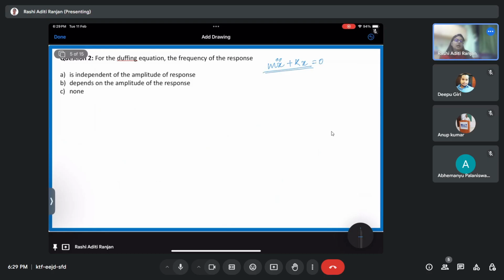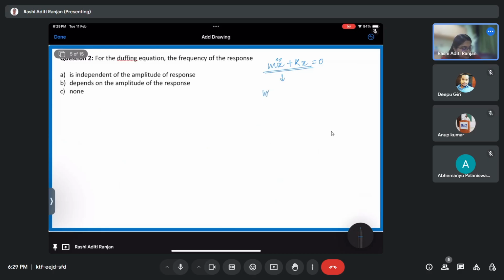If you simulate this equation for different initial conditions, you will get that whatever be the initial condition, the system is going to have different amplitude because of the initial condition, but the frequency of oscillation is always going to be the same, which is nothing but the natural frequency of the system, right?